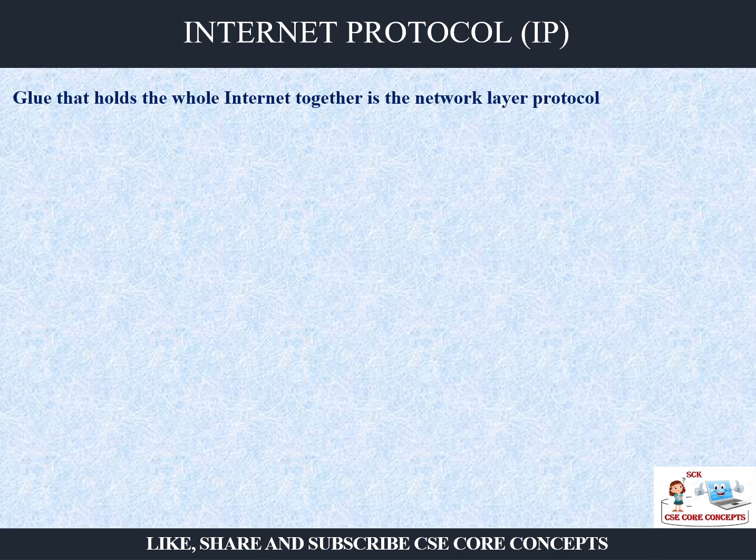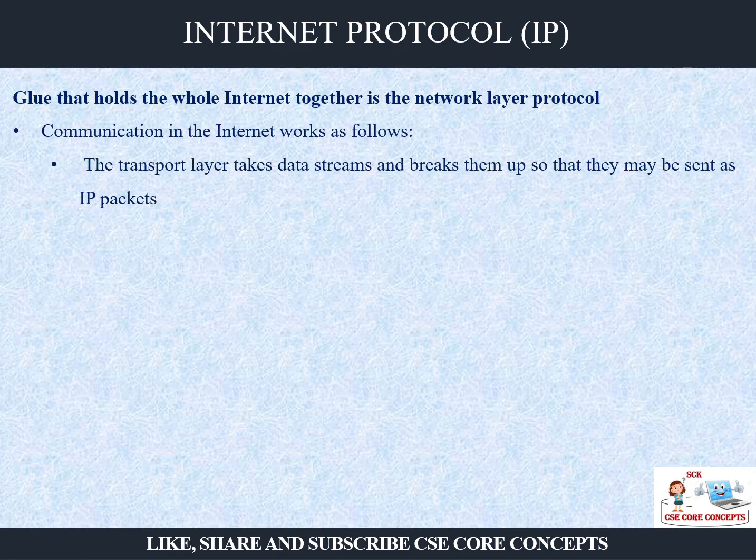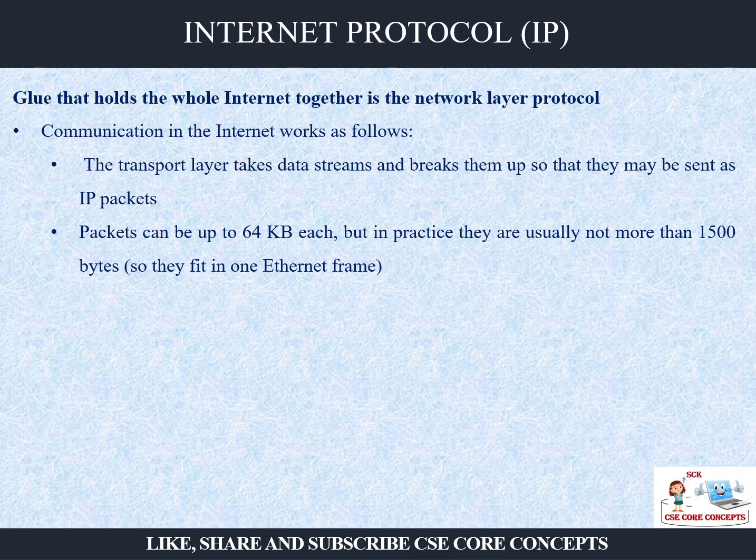So basically you can consider it as a glue or a gum that holds the whole internet together in the network layer. Let's say if I want to communicate in the internet, it works something like this.